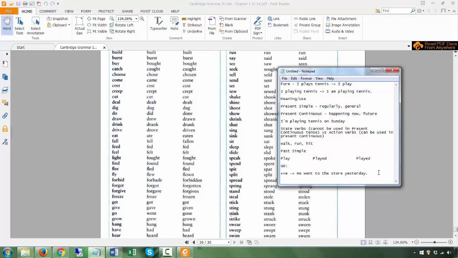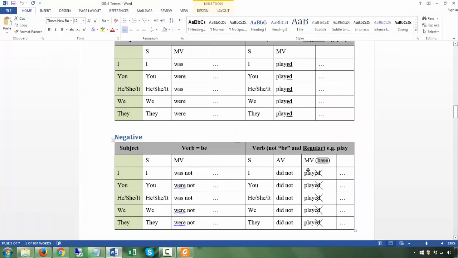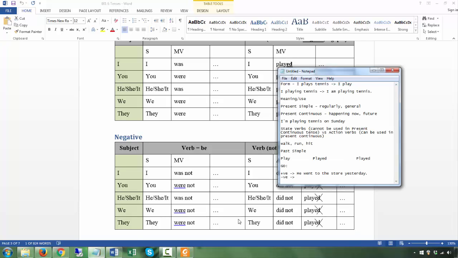Now, if you want to put it in negative, you have to use the auxiliary did not and then the base verb. So, he did not go to the store yesterday. And then for the question, did he go to the store yesterday?